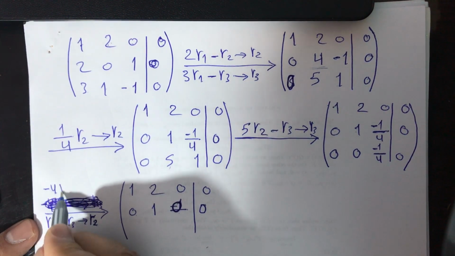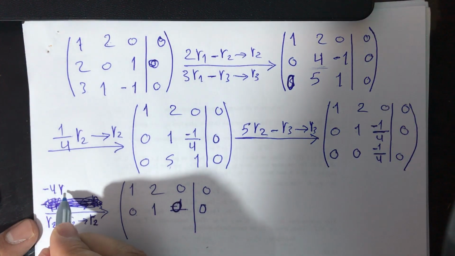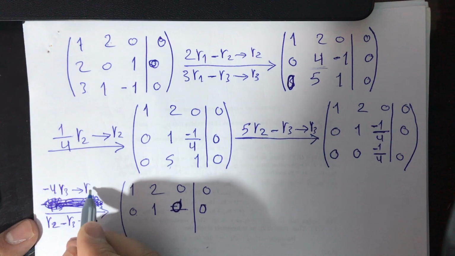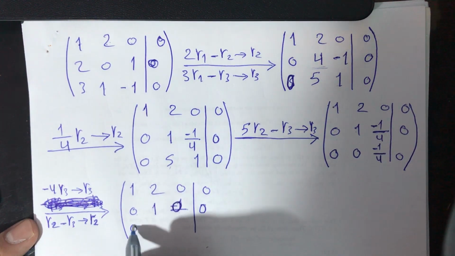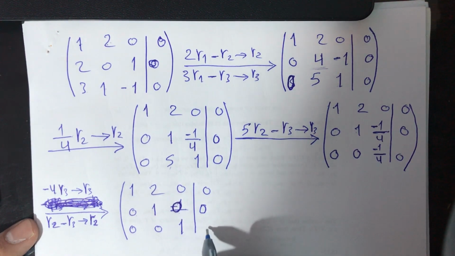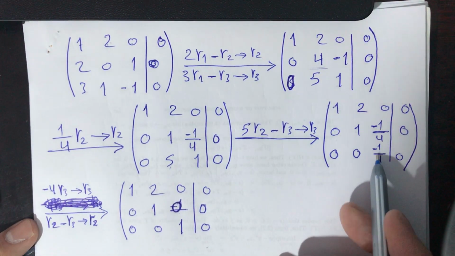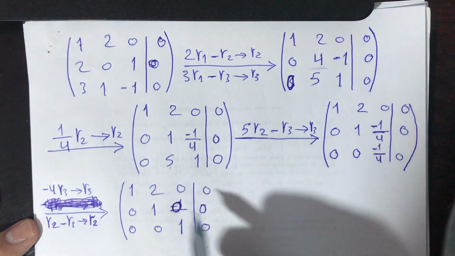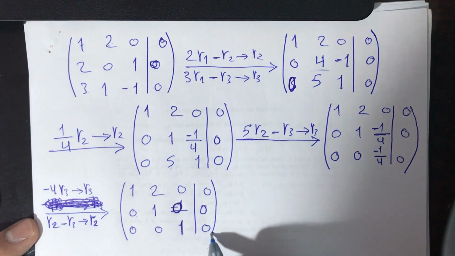At the same time, minus 4 r3, write in R3, will be 0 0 1 0, because this is minus 4, and this will stay just 1.